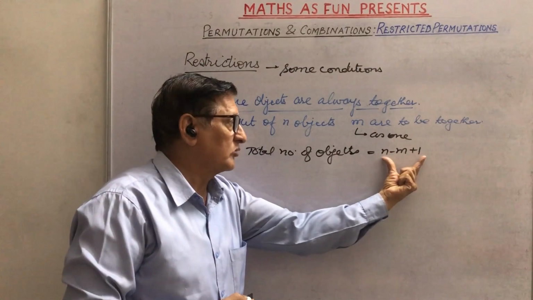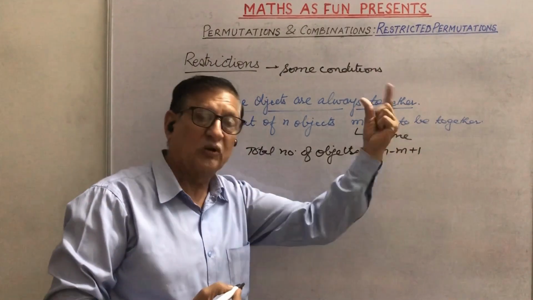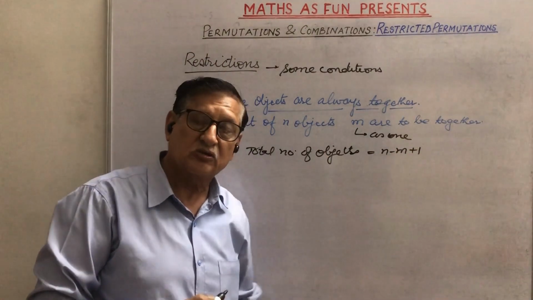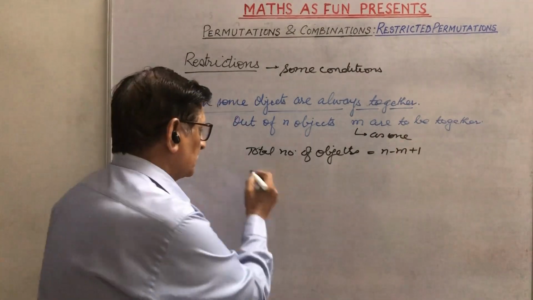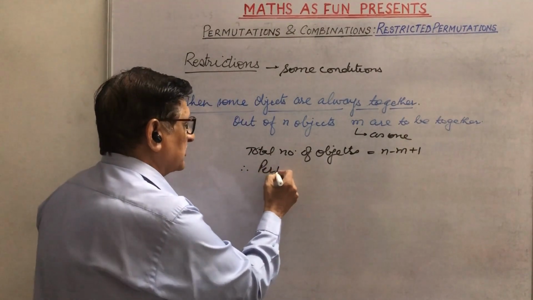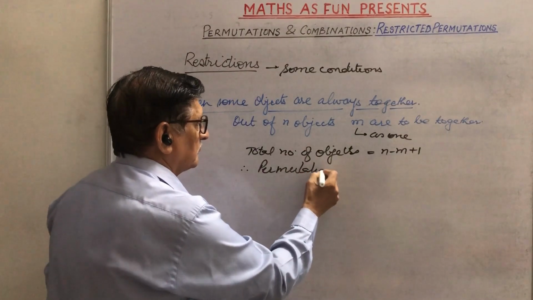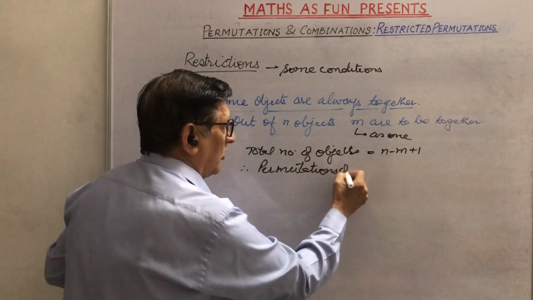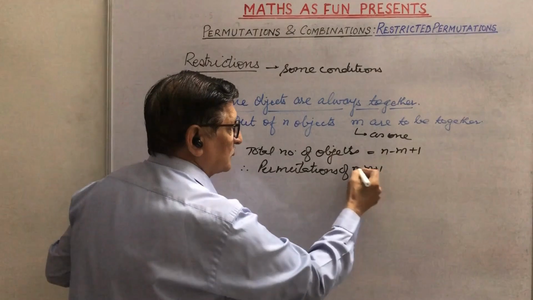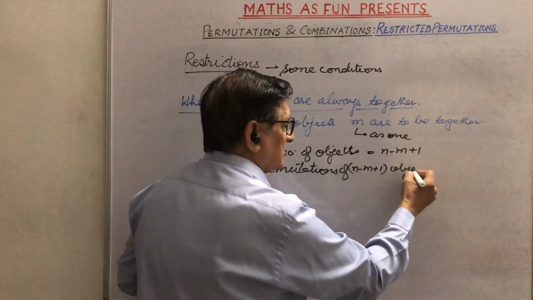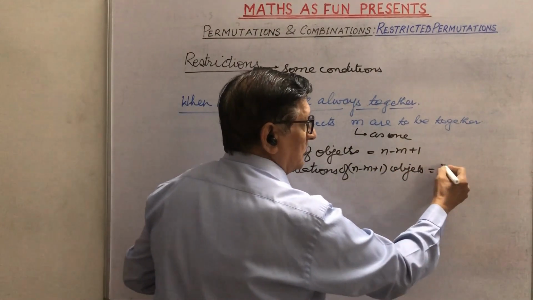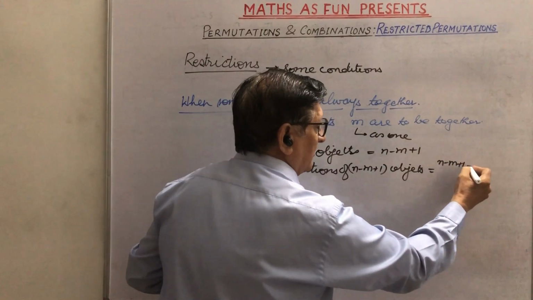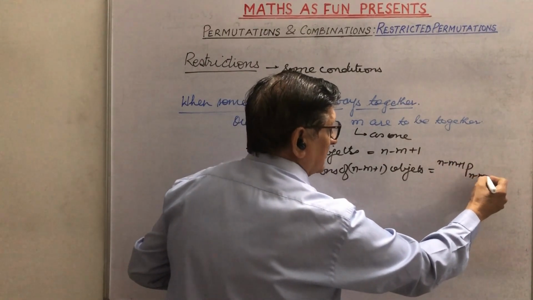It means now we have to arrange only n minus m plus 1 objects, all together. Therefore, permutations of n minus m plus 1 objects will be equal to (n-m+1)P(n-m+1).